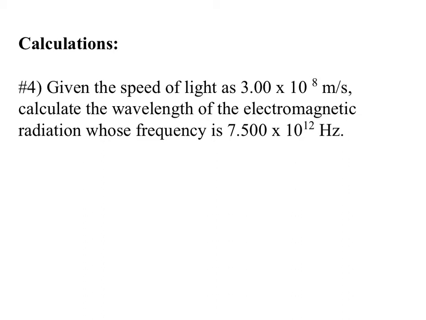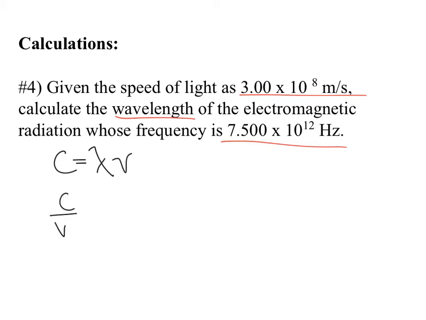Okay, so the speed of light, which we know is 3.0 times 10 to the 8th meters per second. What is the wavelength if the frequency is given here in hertz? So this is the speed of light equals the wavelength times the frequency, or the speed of light divided by the frequency equals the wavelength.